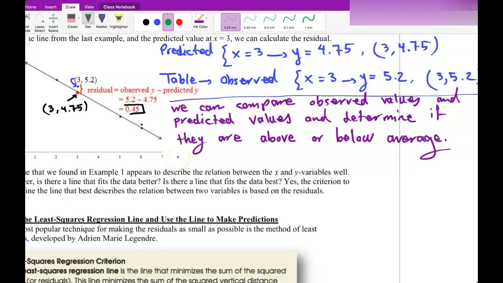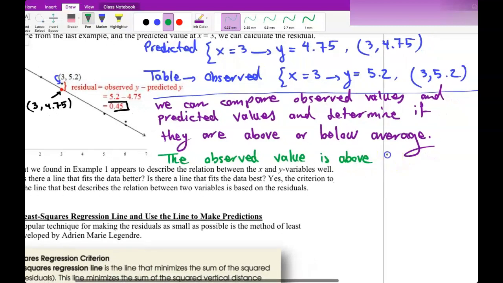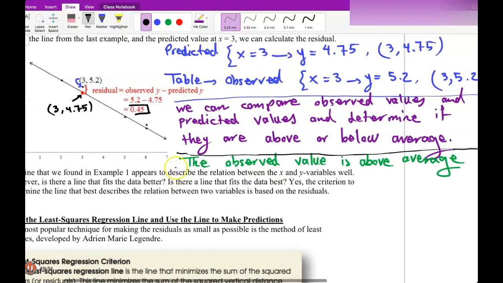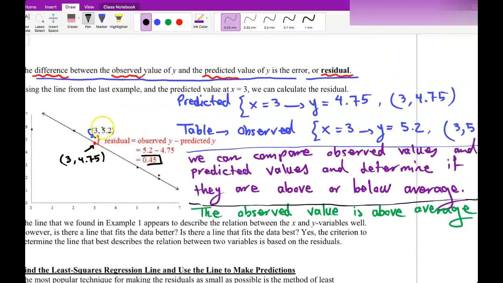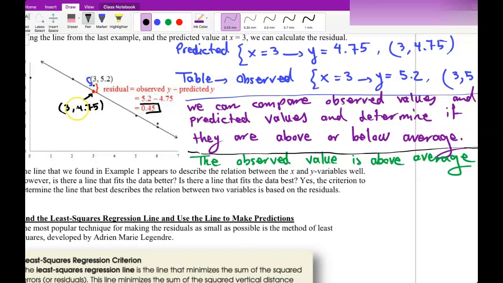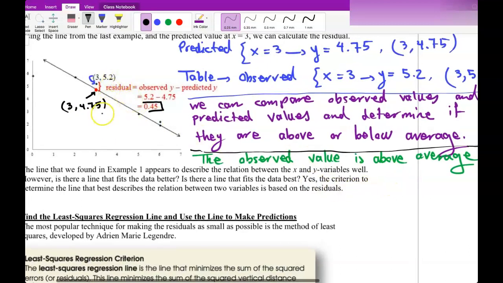So here in this case, the observed value is above average, because here the observed y is 5.2, and that is larger than what we have here for predicted, 4.75. So the observed value is above our average.